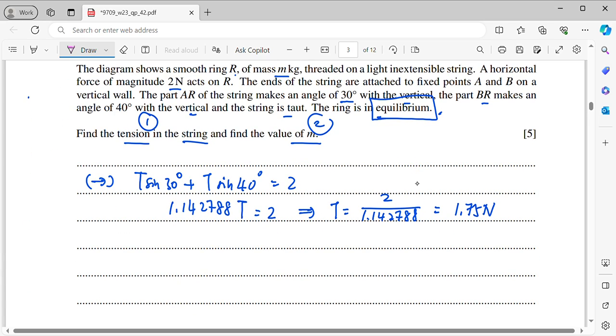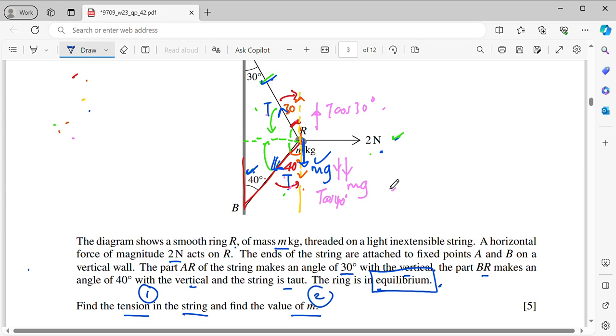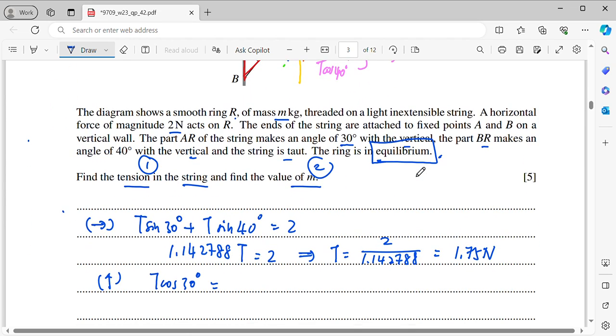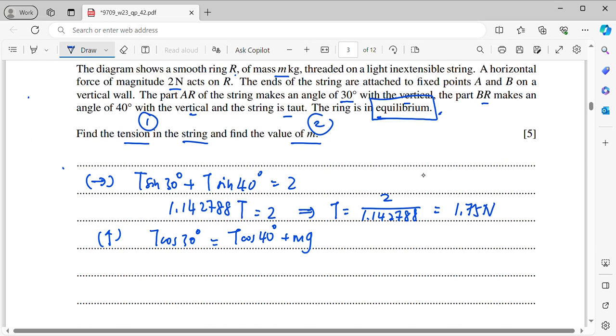So now I will be getting T cos 30 degrees equals T cos 40 degrees plus mg. Since we have found the T just now, from here I would say my T cos 30 degrees minus T cos 40 degrees equals mg.